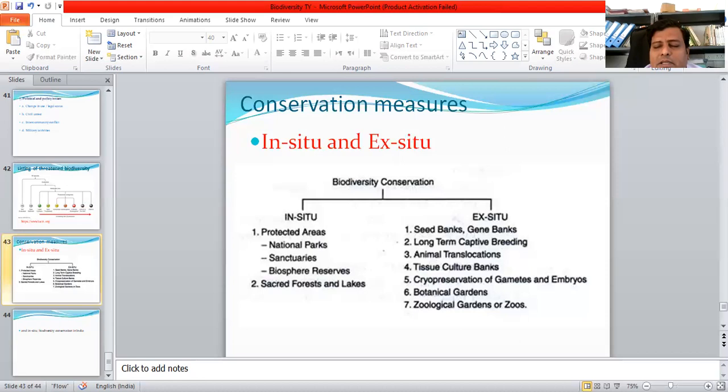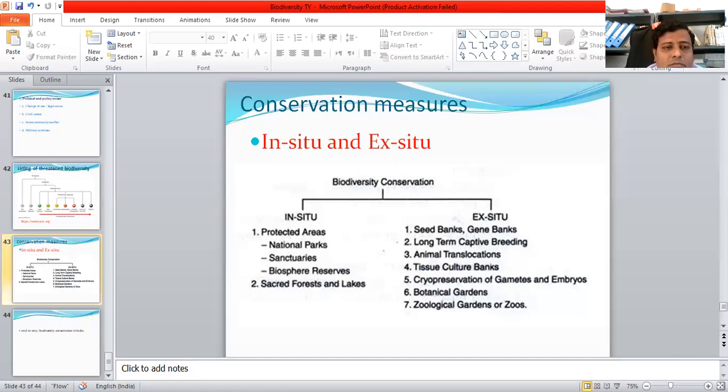For example, tourist activities are permitted in wildlife sanctuaries. There are many wildlife sanctuaries in India, like Ghana Wildlife Sanctuary in Rajasthan, Hazaribagh Wildlife Sanctuary, Mudumalai Wildlife Sanctuary in Tamil Nadu, Mount Abu Wildlife Sanctuary in Rajasthan, and Annamalai, which you have heard about, in Tamil Nadu.